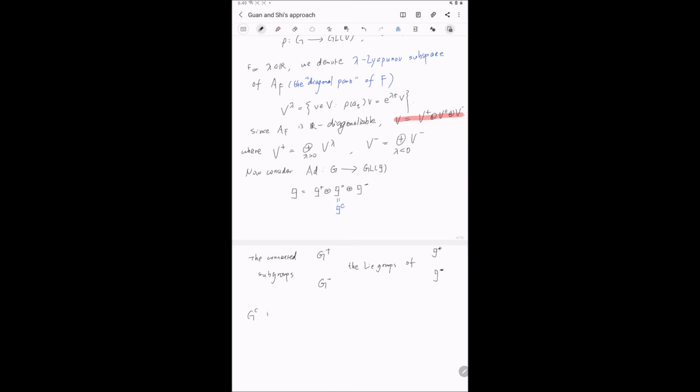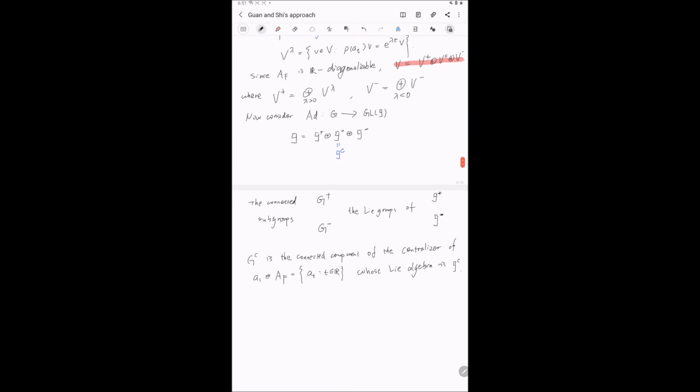And G sub C is the connected component of the centralizer of A sub 1, which is in A sub f, the one parameter subgroup, whose Lie algebra is g sub C.